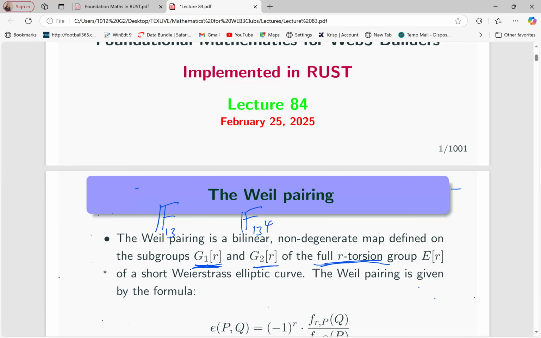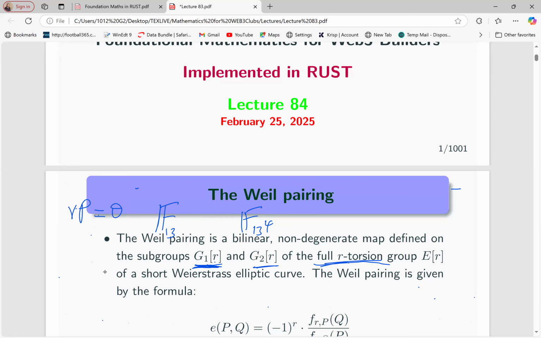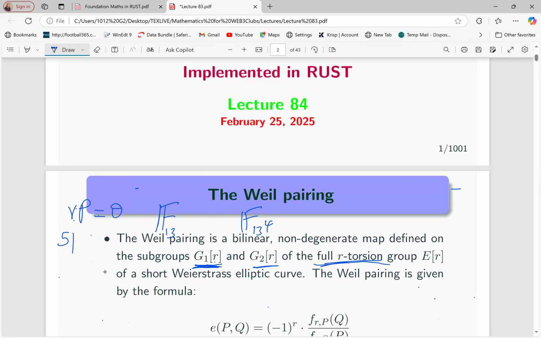Using this original field, we get elements which, when multiplied by R, will give you the point at infinity. In our case, our R is 5. So we're getting elements which, when added 5 times, give you the point at infinity.